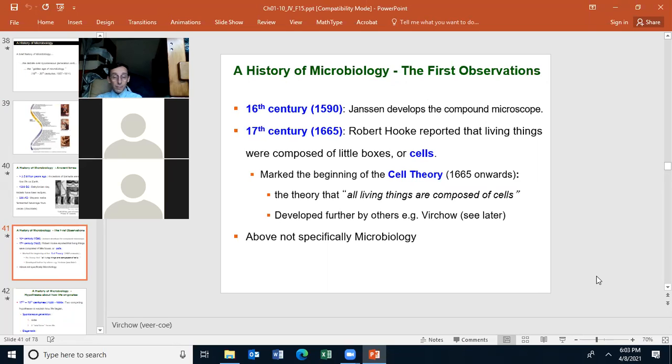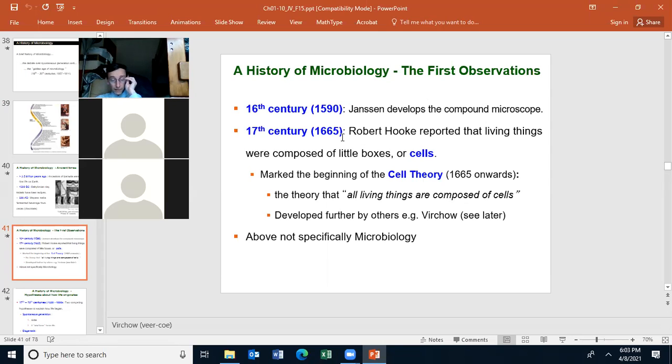And thereafter, people would look at more and more organisms, and from that, they came to the conclusion that all living things are composed of cells, and that was the beginning of the cell theory. So the cell theory started in 1665, but it did not come about until many years later, as people kept on looking at things and seeing cells, and then they realized, maybe all things are made of cells.